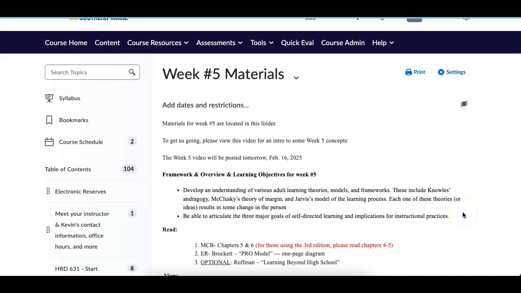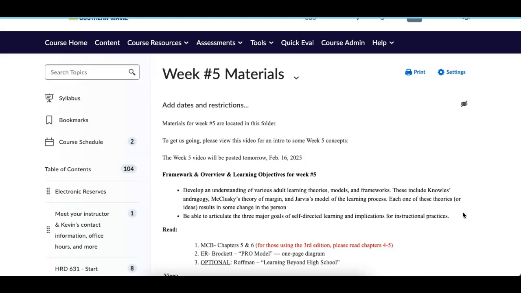The one that has always spoken to me is by Malcolm Knowles, and he was the one that developed this whole idea about andragogy. And if you take the word andragogy and you split it, people in the class may know more pedagogy, which is really the art and science of teaching children.